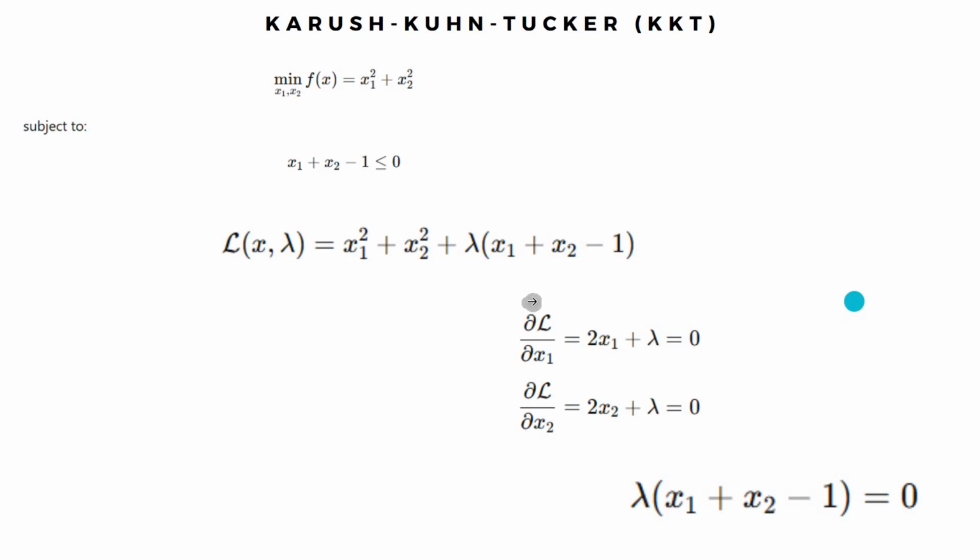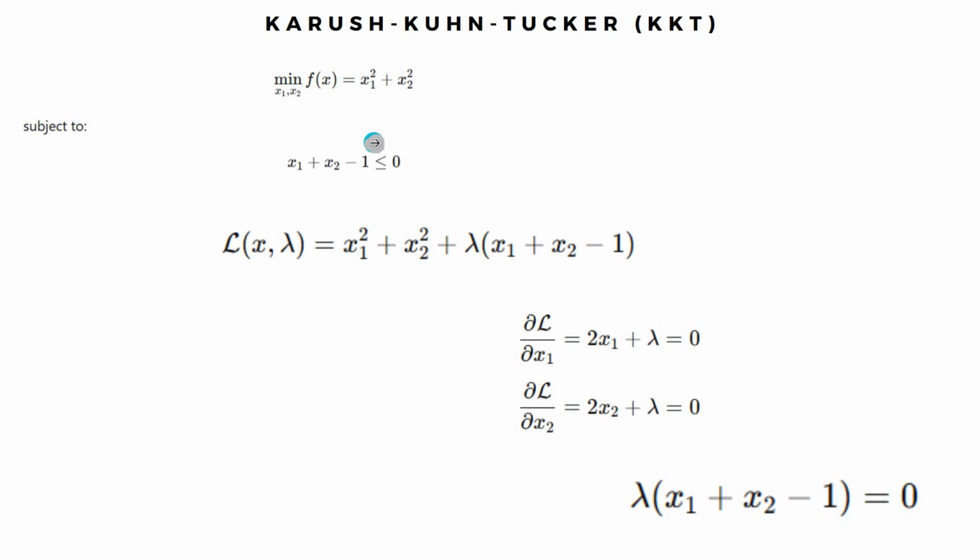Okay, and now we have an example you can see here. And what's happening here, let's talk. The goal here is to minimize the function f of x equals x sub 1 squared plus x sub 2 squared. This is our objective function and it represents what we want to optimize.